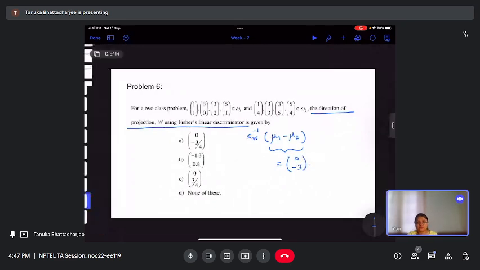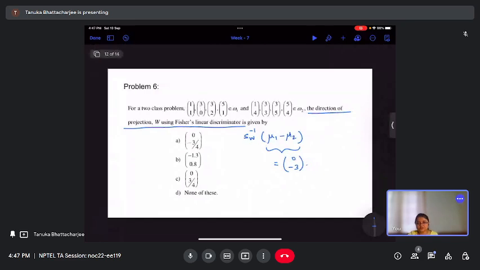And we have SW inverse, so we will have to compute SW inverse. As you know, the formula for inverse will be 1 by determinant of SW into adjoint of SW. Right? 1 by determinant into adjoint, where adjoint is basically the cofactor matrix transpose.